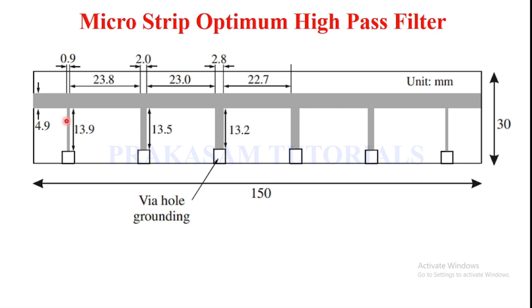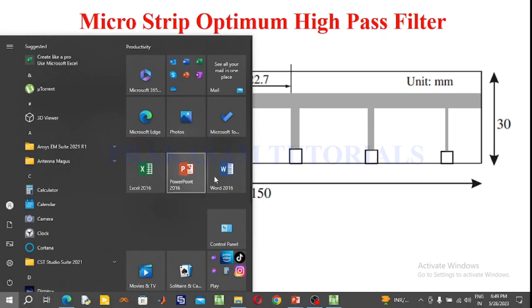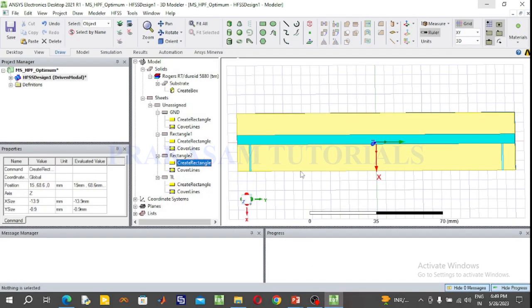Here this strip's Y position is 68.6 and this length is 23.8. So this strip's X position value minus this length minus this strip width is the X position value of the next strip.